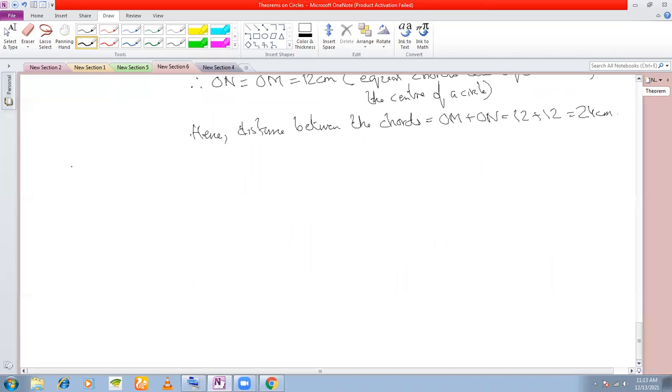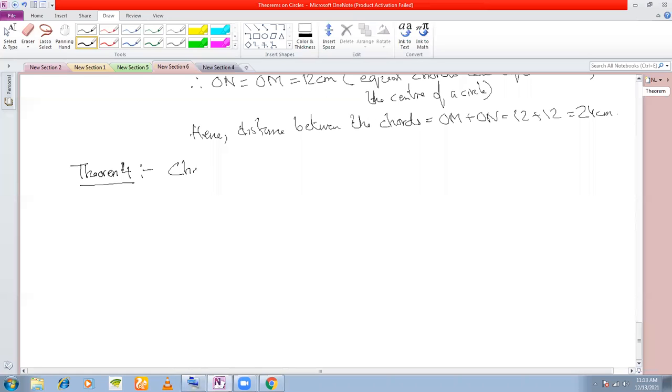We come to the next theorem, which is the converse of the last theorem. Theorem number 4 that we are going to discuss is the converse of theorem number 3. And this theorem is that chords that are equidistant from the center must be equal.